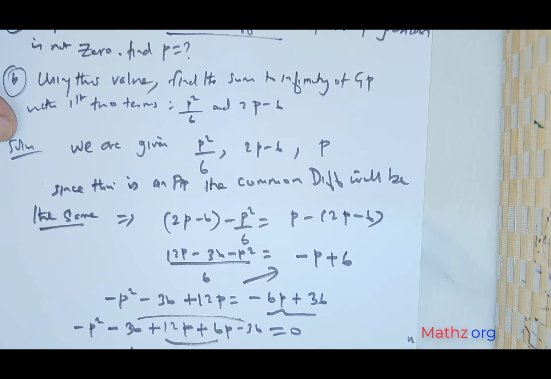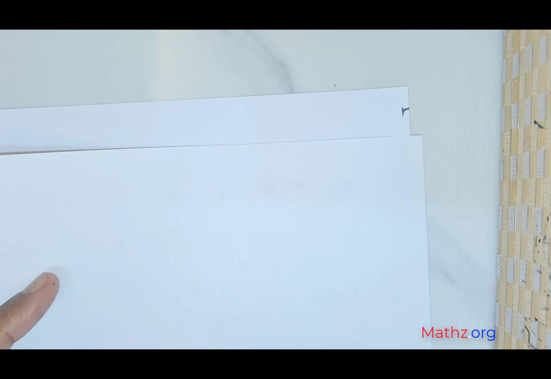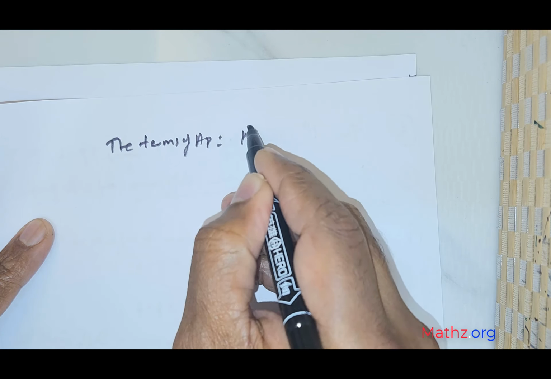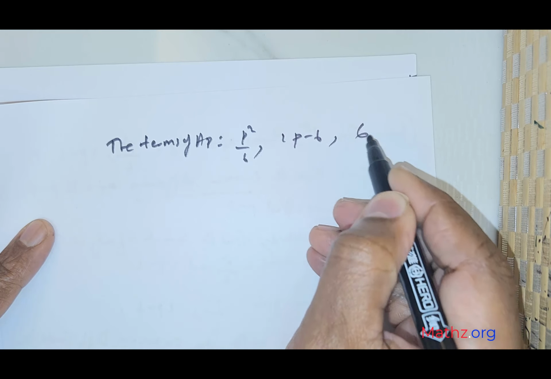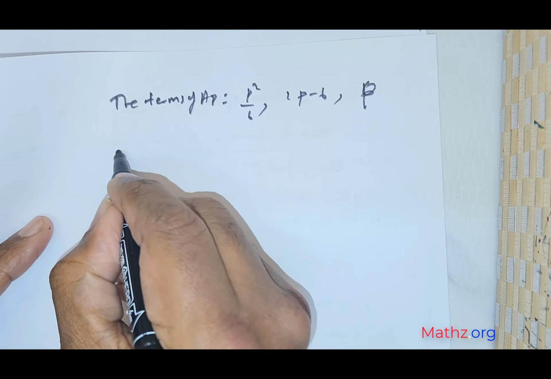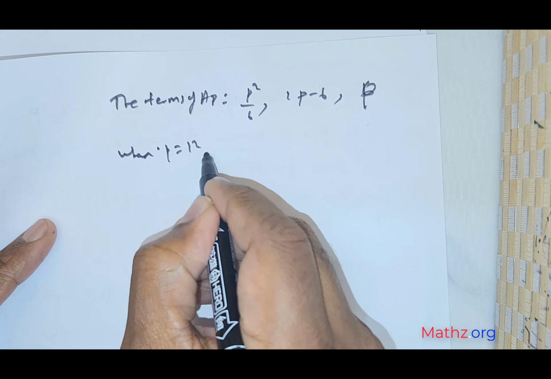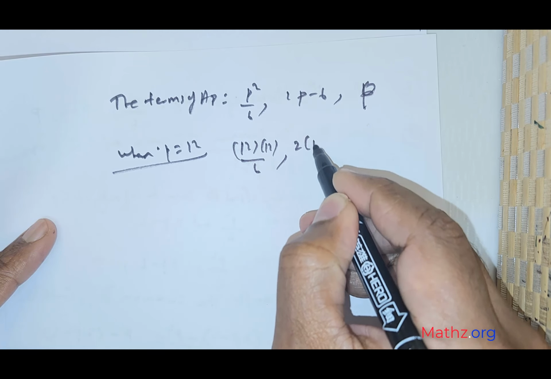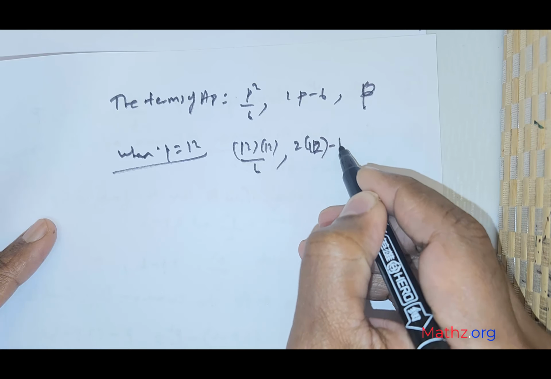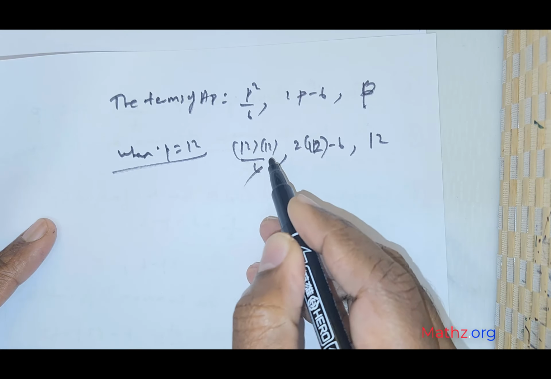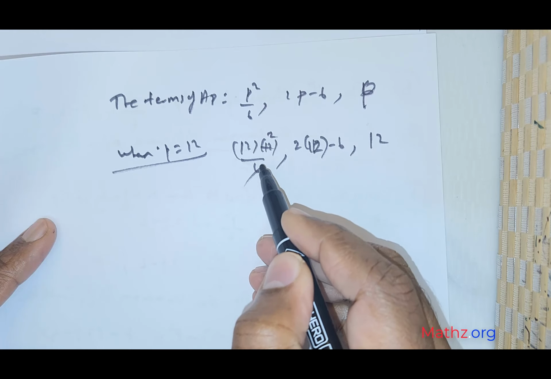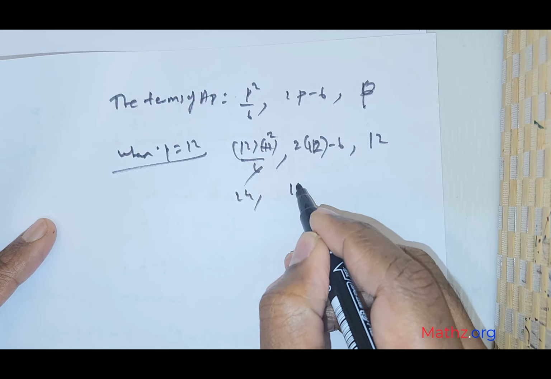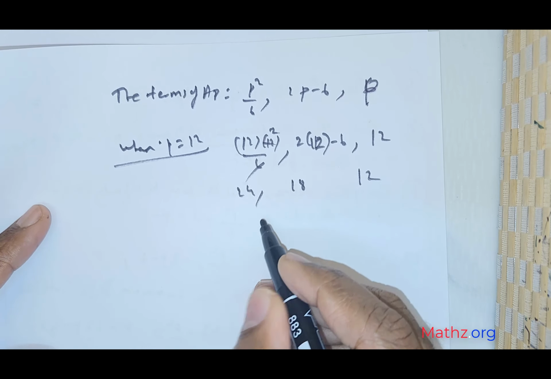So let's see p is equal to 12. The terms of the AP are p squared over 6, 2p − 6, and p. So when p is equal to 12, this is going to be 12 squared, so 12 into 12 divided by 6, which is 24; then 2 times 12 − 6, that's 24 − 6, which is 18; and you have 12 here.